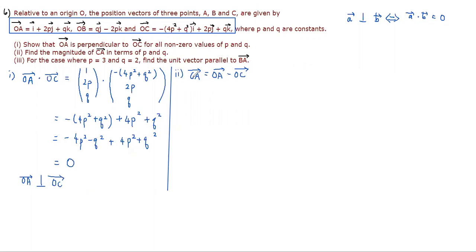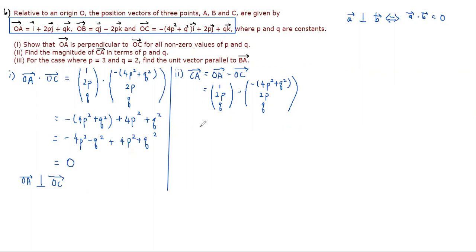Always remember that if the terminal point is point A, you have OA first, then you subtract OC. In component form, vector OA is 1, 2p, and q. Vector OC is given by minus 4p squared plus q squared, and you also have 2p and q.